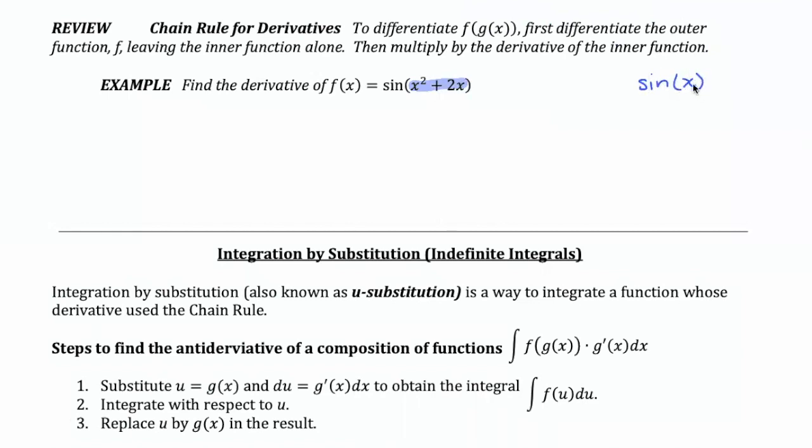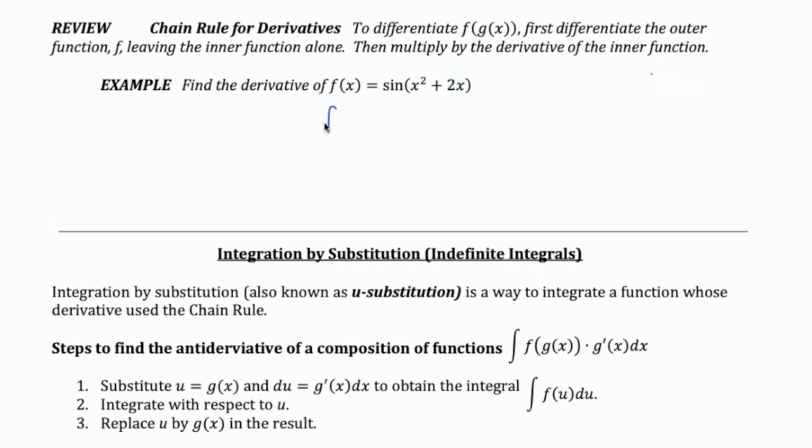If your argument's just plain old x, then you go about your business and take the derivative the usual way. But when that argument switches from being x to being a function of x, you now have a composition of two different functions. You've got this function on the inside and the sine function on the outside. That's the time that we use chain rule.